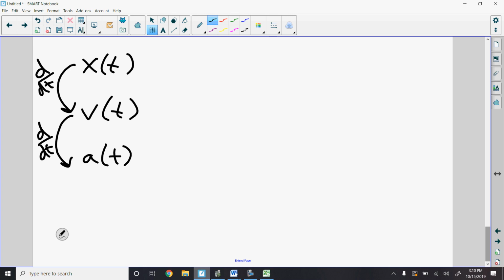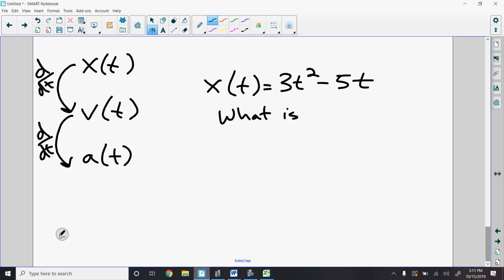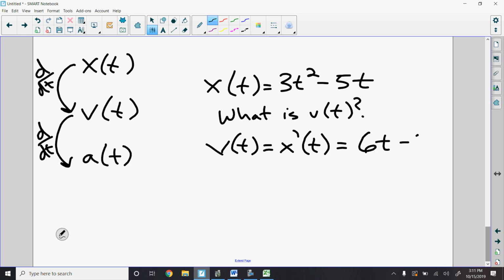So, for example, if I told you x of t equals 3t squared minus 5t, what is v of t? Well, I would have to take the derivative of x of t. So v of t would equal the derivative of position, which would be 6t minus 5. So I just need to differentiate this position.